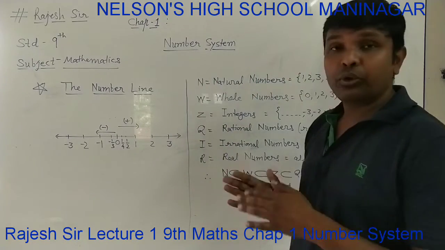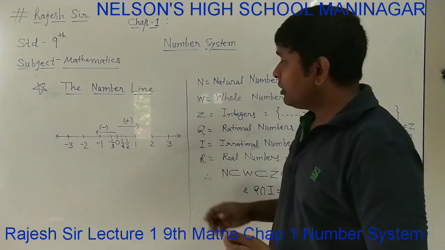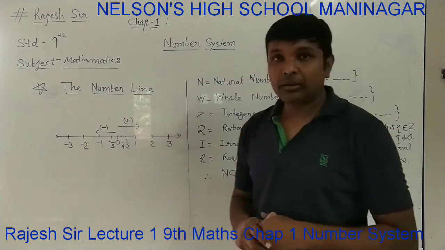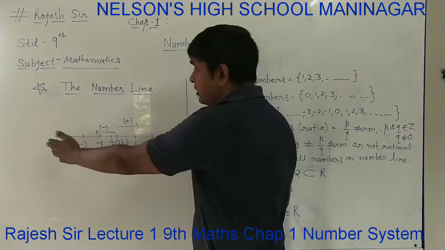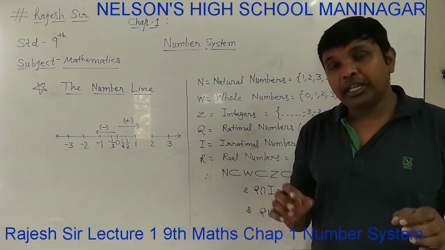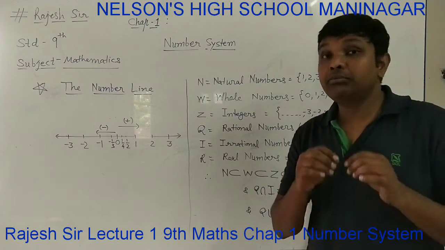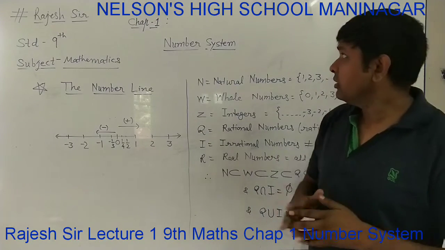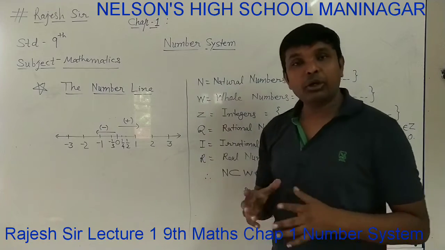If you go on this way you will always find a number, which means this line shows infinitely many points and every point is showing some number, because we are going to see about the number system.